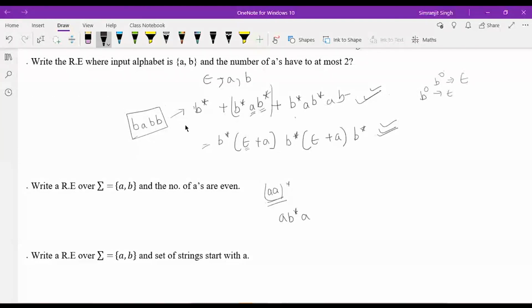That is in the language. Can you try another string? Anybody? That is not in the expression. Let me see. All of B, one A and multiple B's are taken care of.